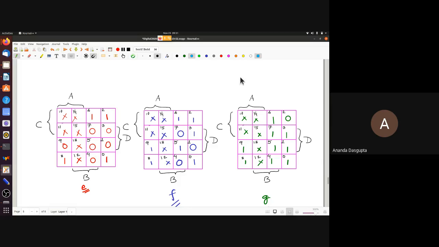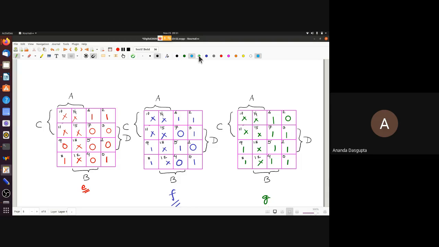Now, how would I go about simplifying this? If I did not worry about the don't cares, I would see that there are two ones together. These are together, two ones here. That's it. These are two ones together. But can I simplify things any further? If I just look at these two ones together, this will be B bar. So what will these be? If I did not worry about the don't cares right now, just try to write them down.